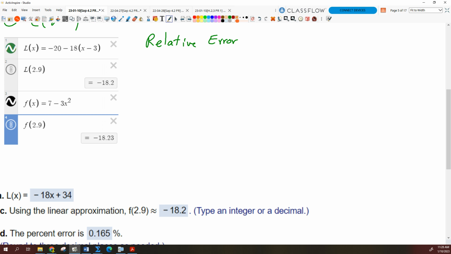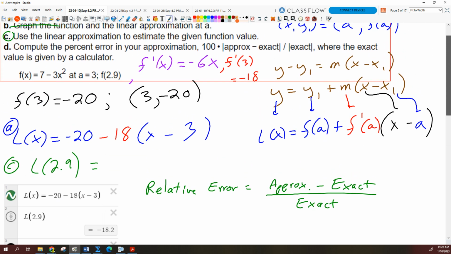So the relative error then is going to be the ratio of the approximation minus the exact value divided by the exact value. Is that what they have?